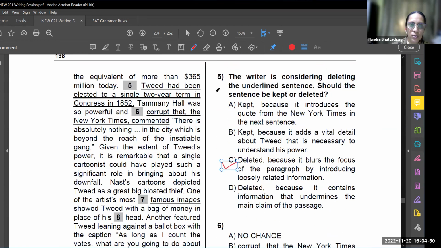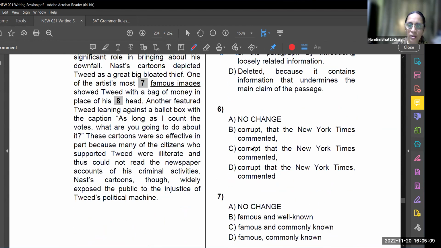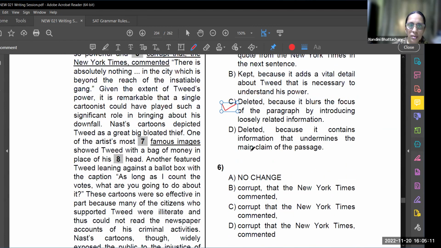And this comes in, Tweed had been elected to a single 2-year term in 82. Tammy Hall was so powerful. Now, the entire paragraph is talking about Tammy Hall. This sentence may be true, but it is not relevant to the particular points that are already being discussed. Right? Okay, question number 6.